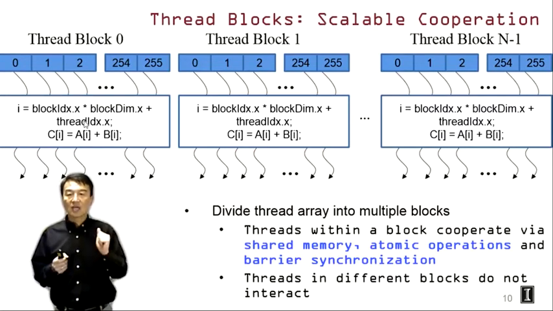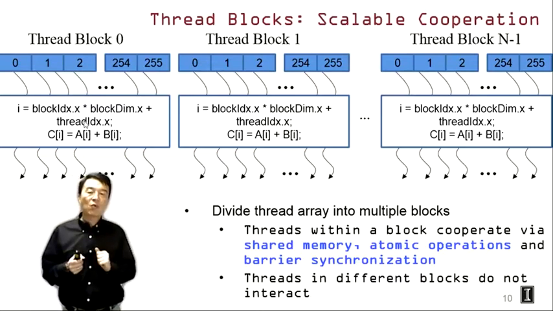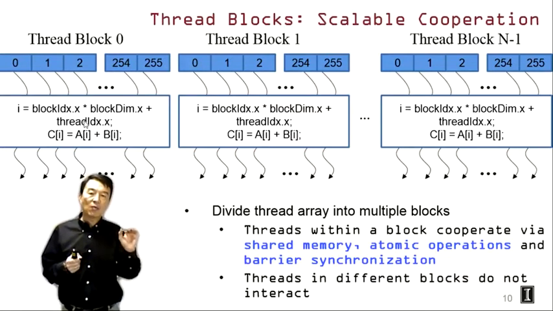But if we look at thread block 1, all the threads will see blockIdx.x value 1, so thread 0 in block 1 will have an i value of 256 instead of 0. And thread 0 in thread block 2 will have i value of 512.